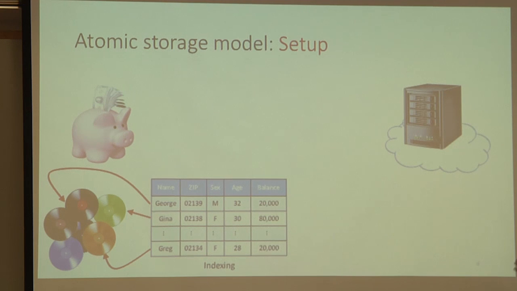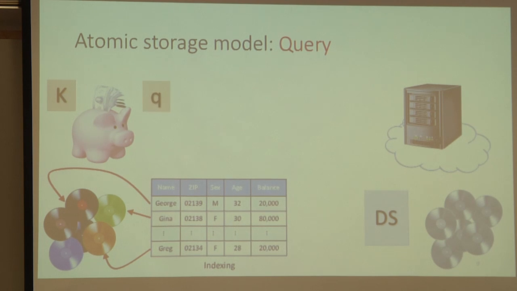We want to outsource our database to the cloud. So what the bank does is that it generates a key and encrypts each record separately, creating a ciphertext. Then it will encrypt our index, creating a data structure, and will upload everything to the cloud.